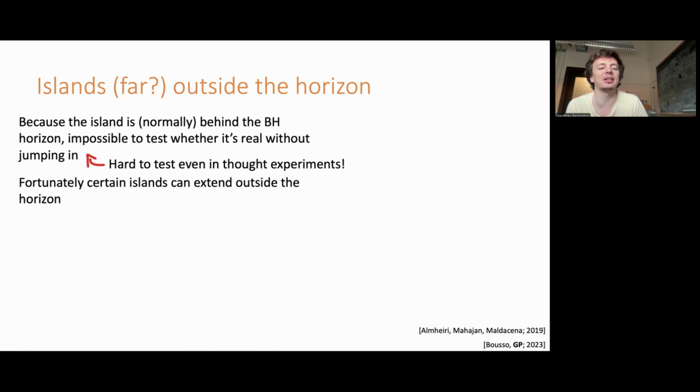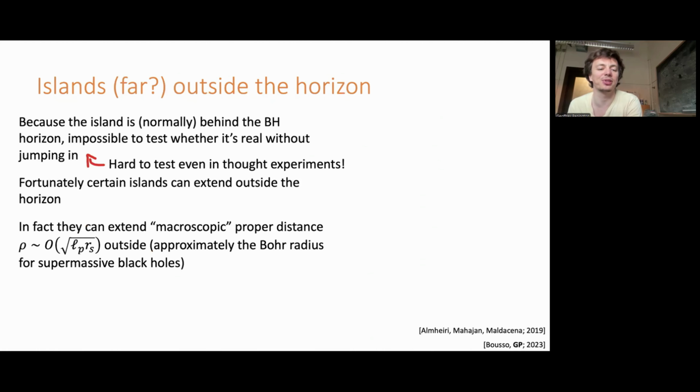Fortunately, it turns out that in certain weird circumstances, the island can actually extend outside the horizon. And in this paper with Raphael, what I showed is that it can even extend what we call a macroscopic proper distance outside. So the actual distance you can make it extend is roughly the square root of the Planck scale times the Schwarzschild radius of the black hole. The Planck scale is very small, so this still ends up being very small.